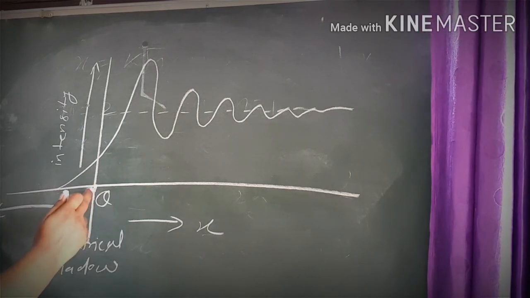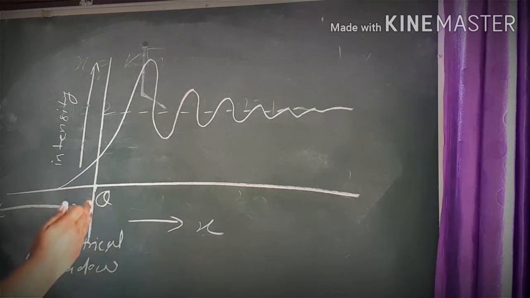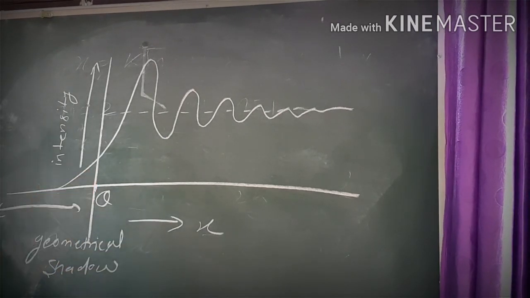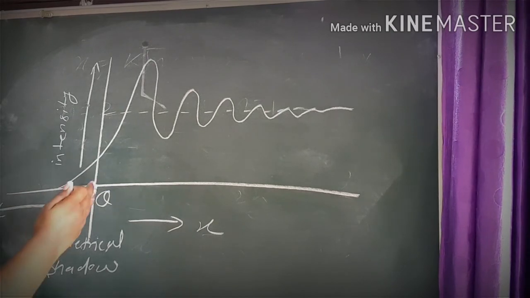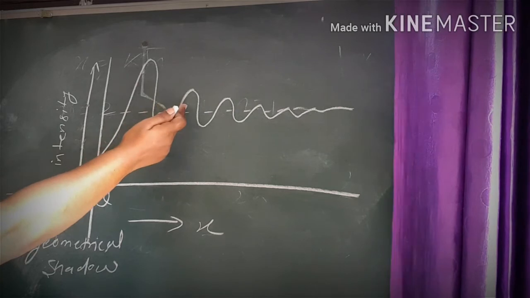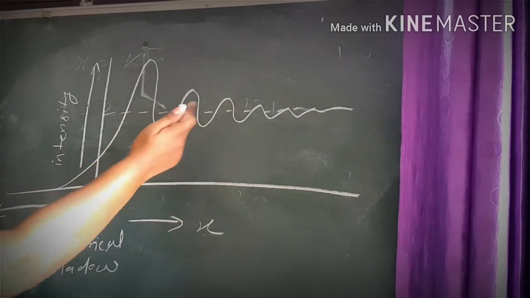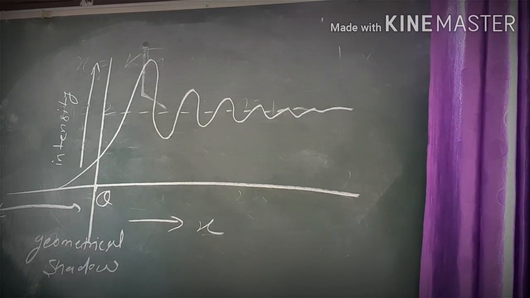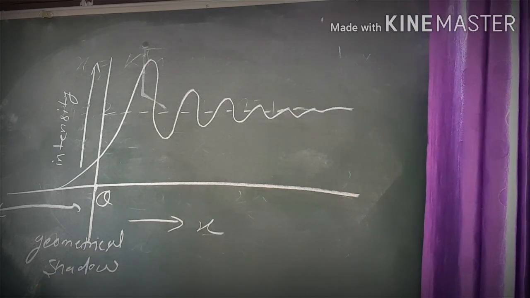As we go from the center point Q, the first maxima is found near the point Q. This is the first maxima, this is the second maxima, and this is the third maxima, and the intensity of the first, second, third and so on maxima goes on decreasing continuously.